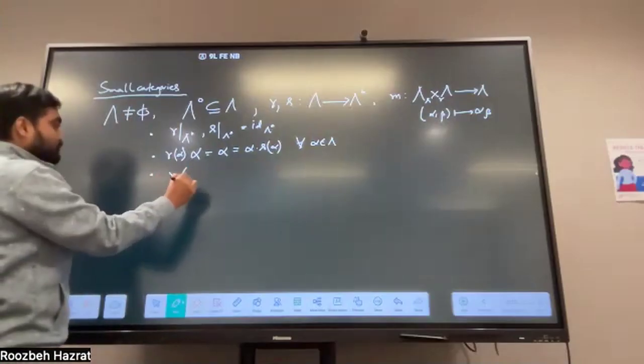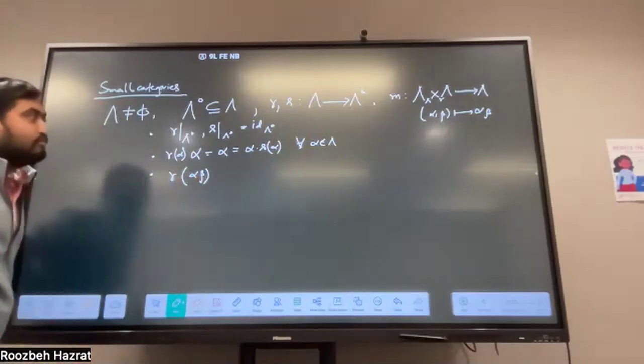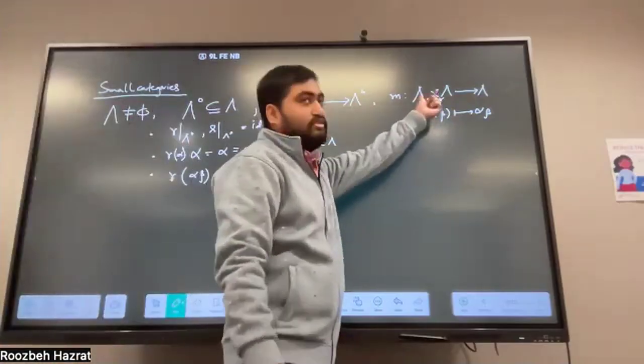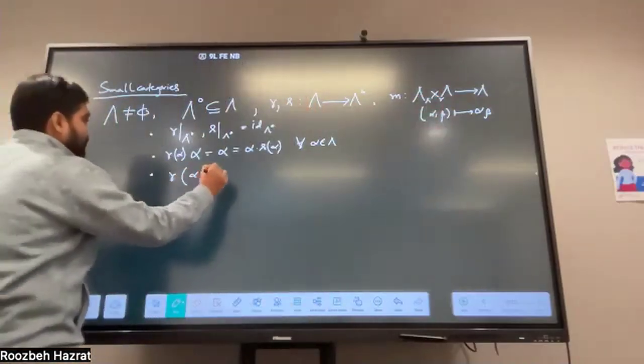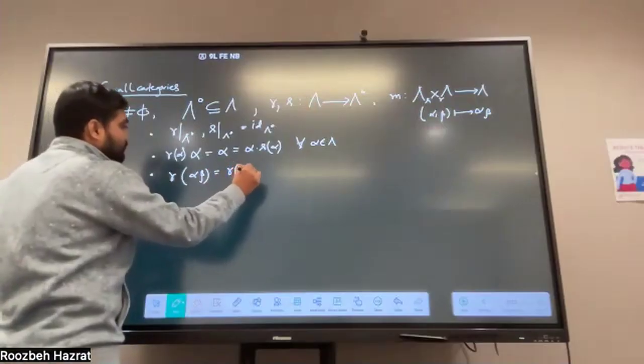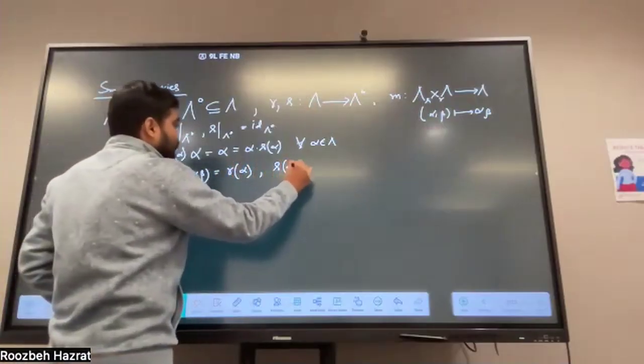Third one tells that if you have two elements alpha, beta which are composable, that means they lie in this pivot product, then their range is the same as the range of the left one, and the source is the source of the right.